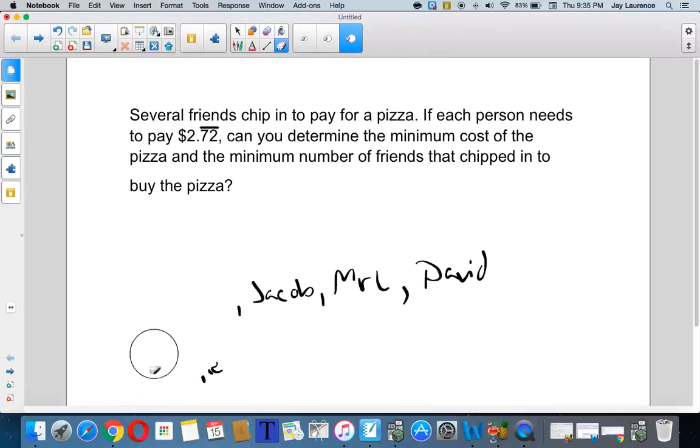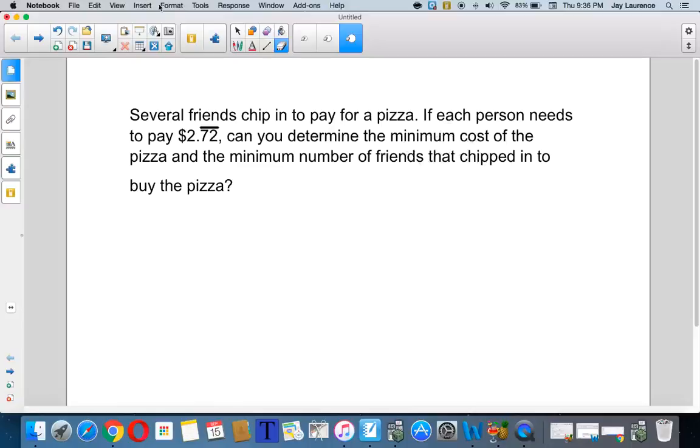Okay, so what we're going to do is start with the money that each person has to pay, and that would be $2.72 repeating. Now, yesterday we learned how to turn repeating decimals into fractions, so I'm going to do that. I'm not going to use the $2.